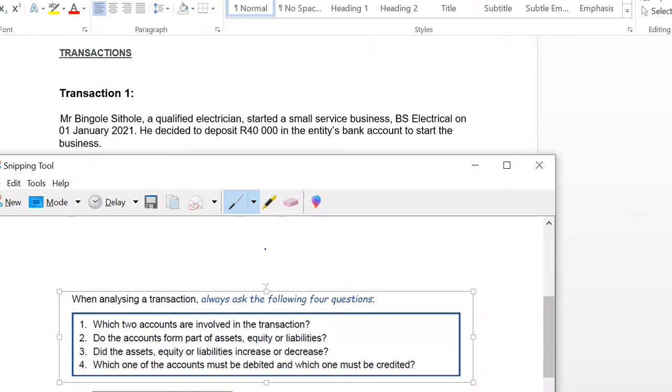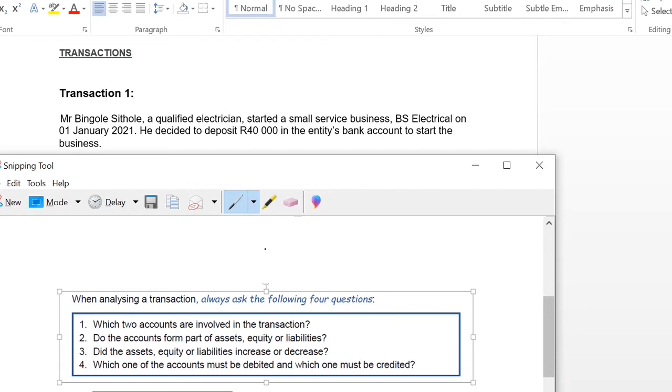As the accountant or bookkeeper of BS Electrical, you go to Mr. Sithole and ask, what is this 40,000 for? He comes to you and says, this 40,000 deposit is to start my business.